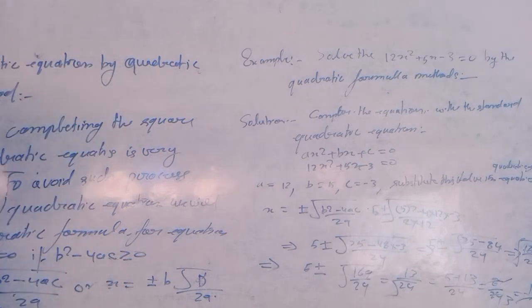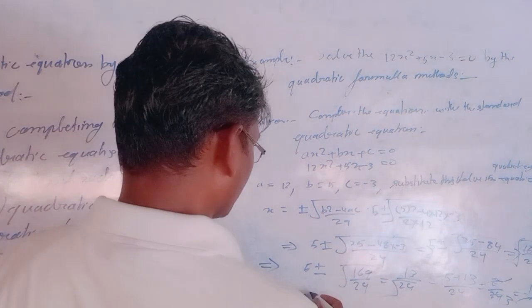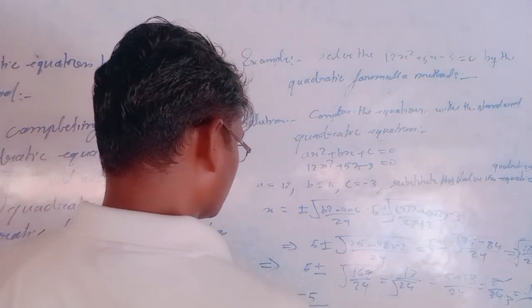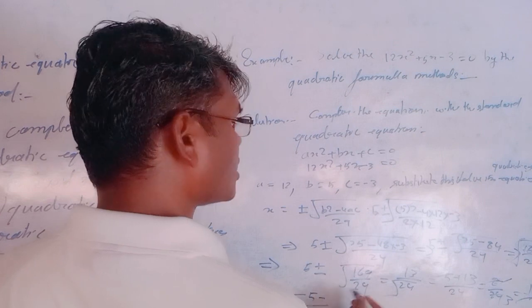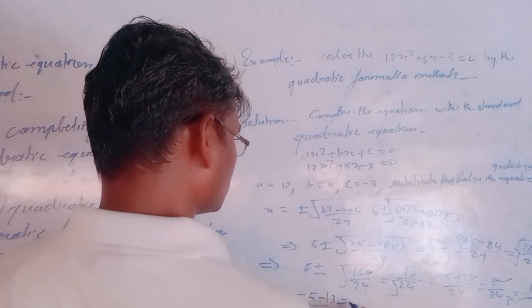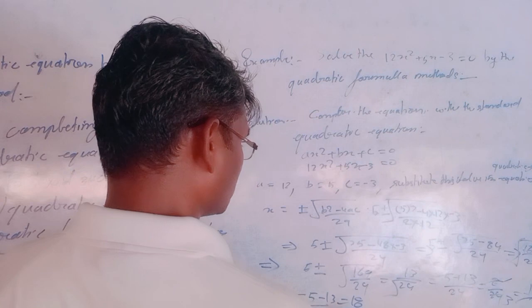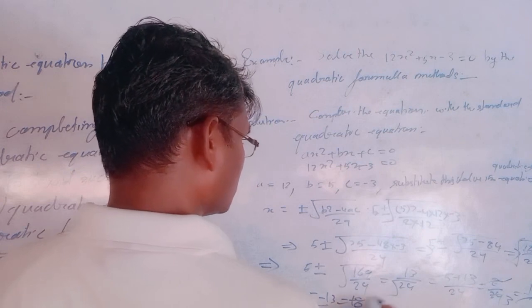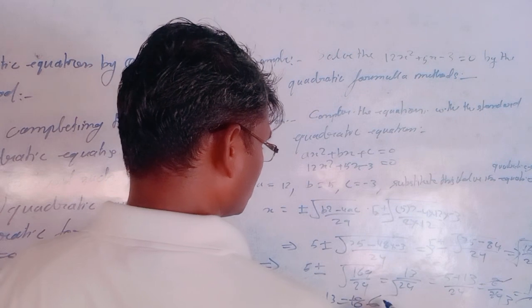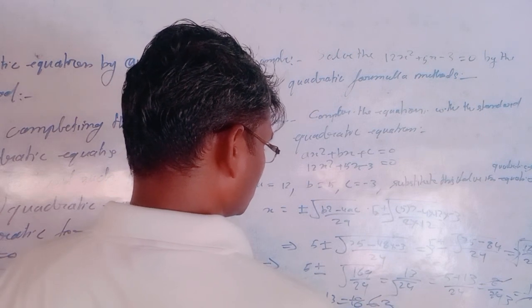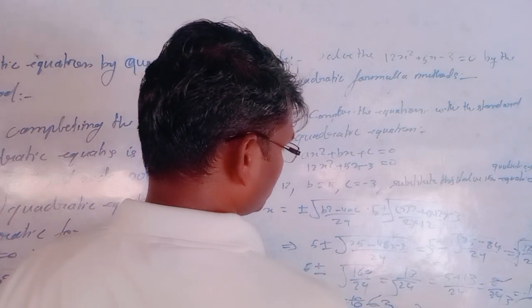And for the second one, taking the minus sign: minus 5 minus 13 is equal to minus 18 upon 24, which is minus 3 by 4.